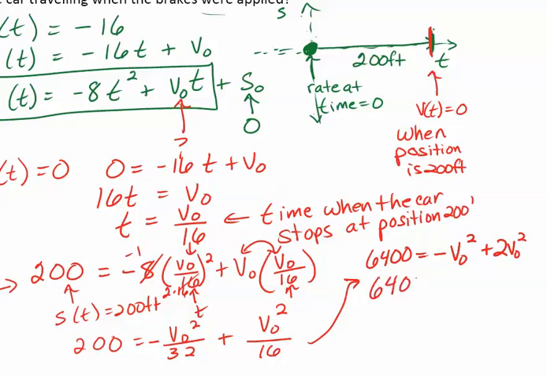And we're almost there. V sub 0 squared, take the square root. This happens to be a perfect square, so we will get 80. And our units are in feet per second, so that's our initial velocity. All right, in feet per second squared.